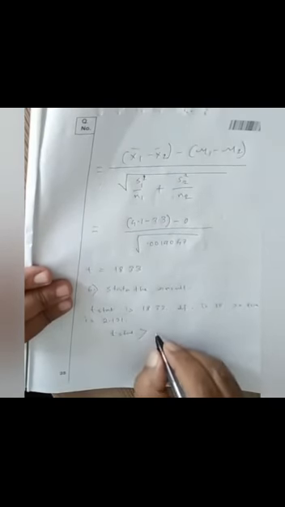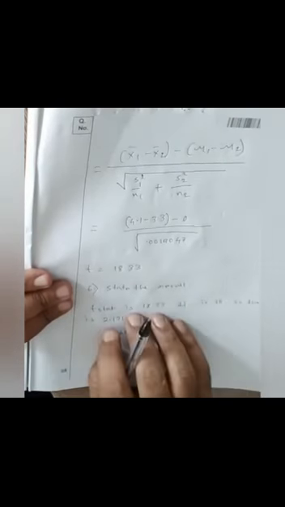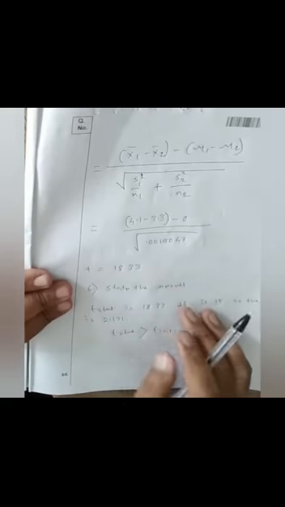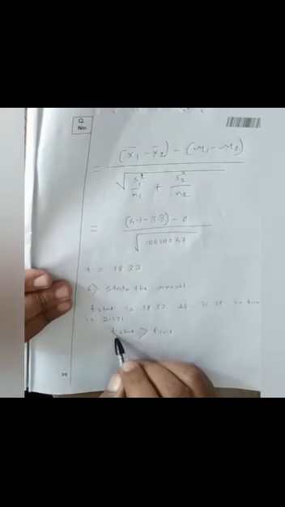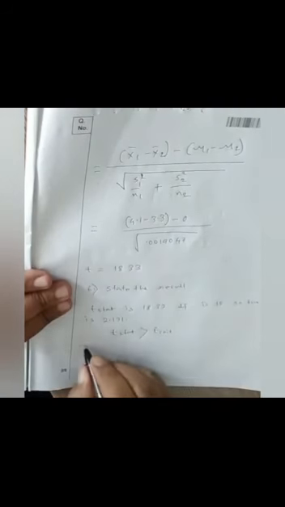So we can say that t stat is greater than t crit. That means t stat falls in the rejection region. So we can say those two groups are significantly different from each other, as the value of t stat is more than the value of t crit.